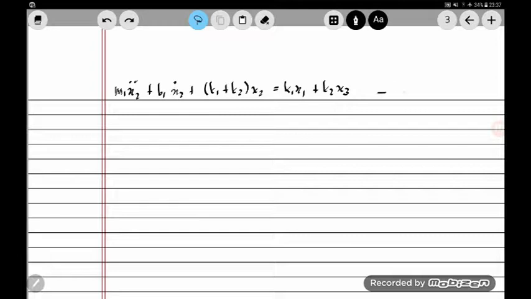Let's label that equation 1. The second equation is m2 x3 double dot plus b increment times x3 dot plus k2 x3 equal to k2 x2.